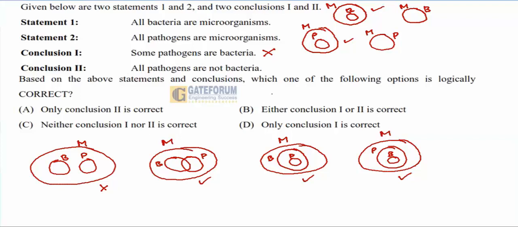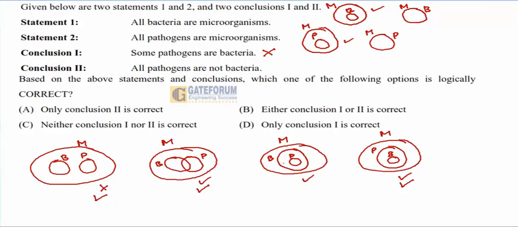All pathogens are not bacteria. See, all pathogens are not bacteria is absolutely correct here.